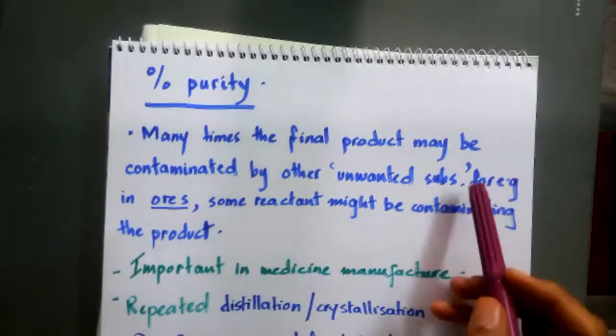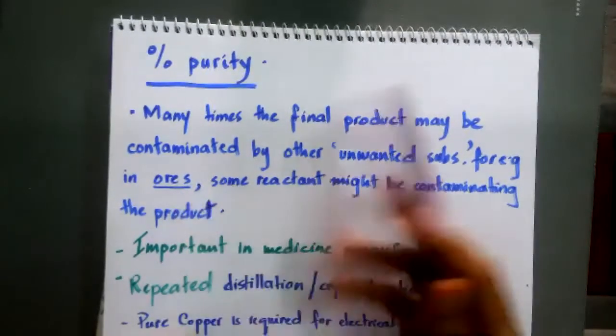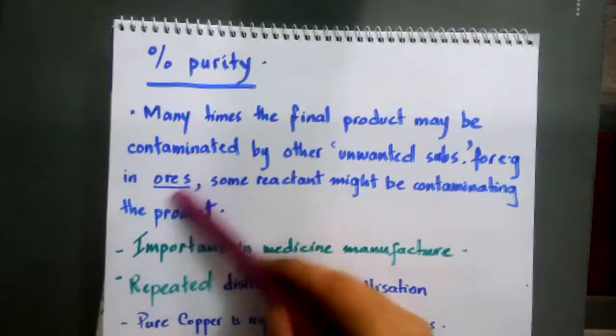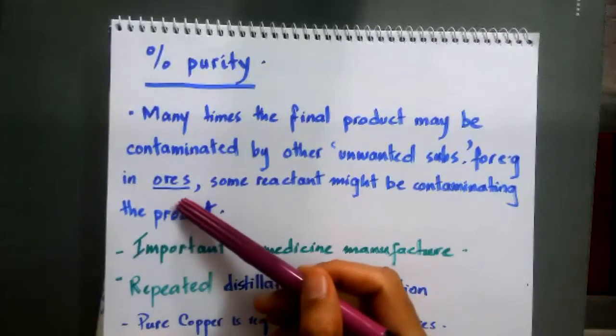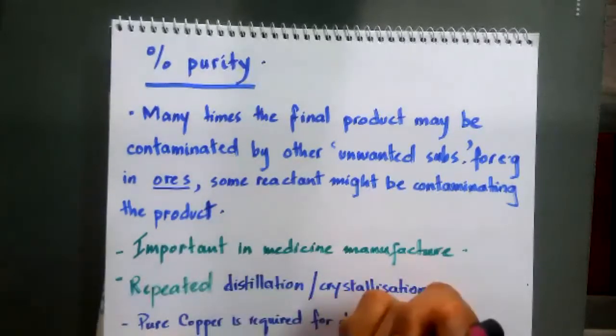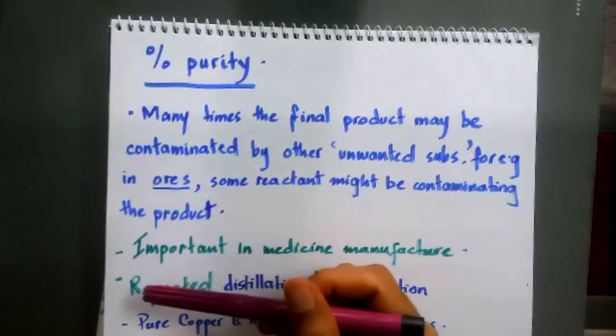Even when we extract metals from their ores, there is a lot of contamination, a lot of other unwanted substances mixed with them. So these are all examples in which it is important to calculate the percentage purity.